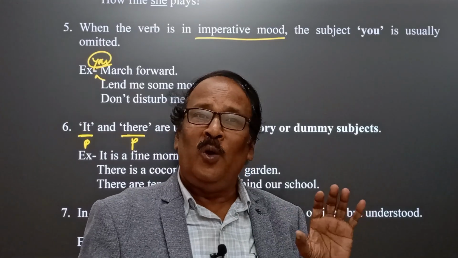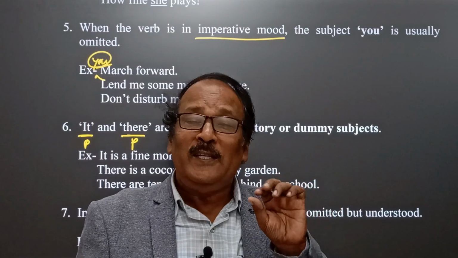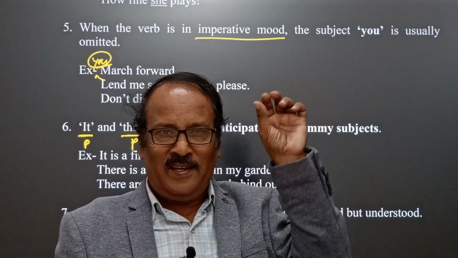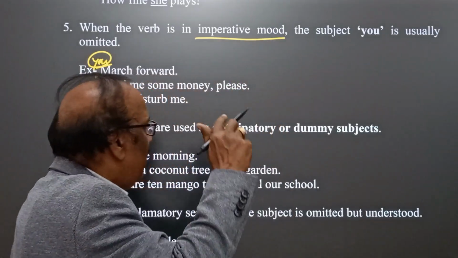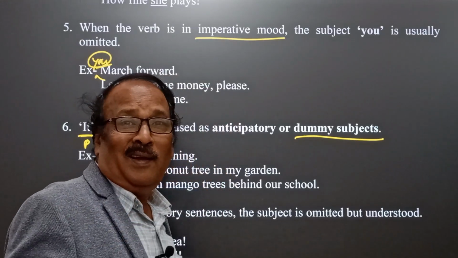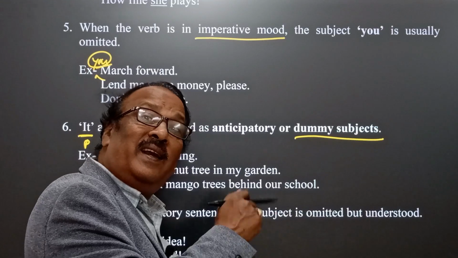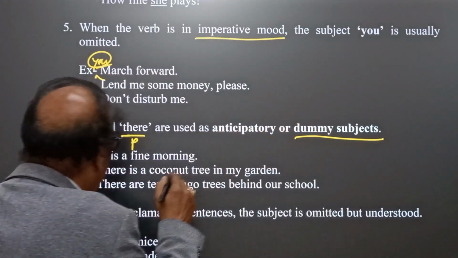Therefore, we should know that 'it' and 'there' are dummy subjects. Dummy means unreal subjects. They are not the real subject. The real subject is there in the sentence.